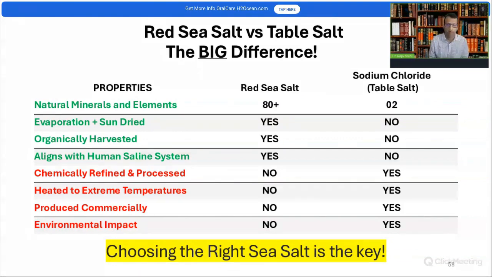So if you're thinking, okay, let's prescribe our patient a home table salt rinse after surgical procedures, no, it's not going to work, because table salt is weak, inefficient, and not mineralized. So it's very important to recommend the right sea salt, and if you can find red sea salt based products, that's the key to go.